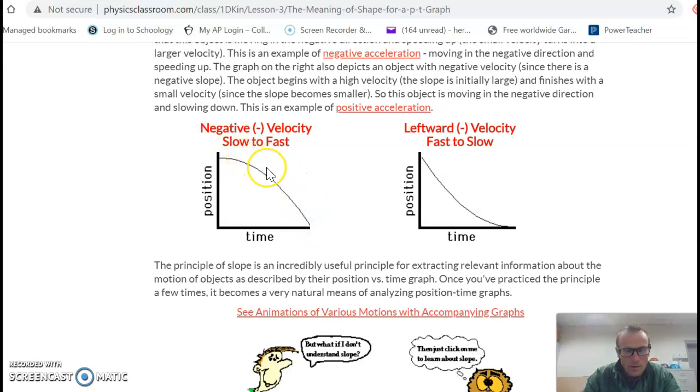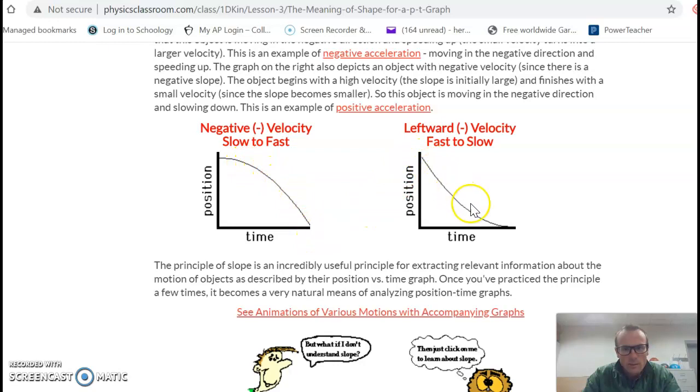The curve is telling us that the slope is changing. And so we're either speeding up or we're slowing down. What do you think? Is the slope getting steeper or less steep? Well, it's getting steeper, so we're moving in the negative dimension and we're speeding up.